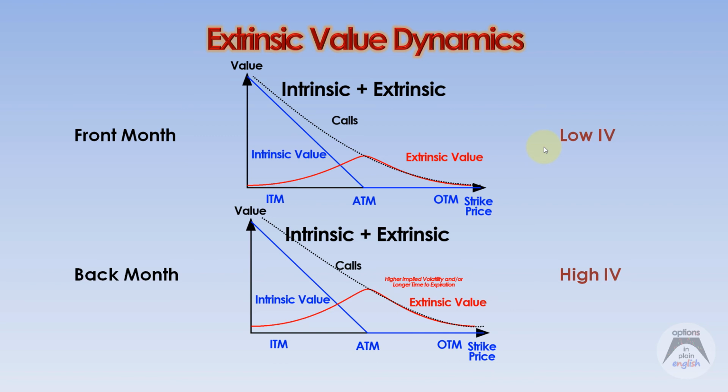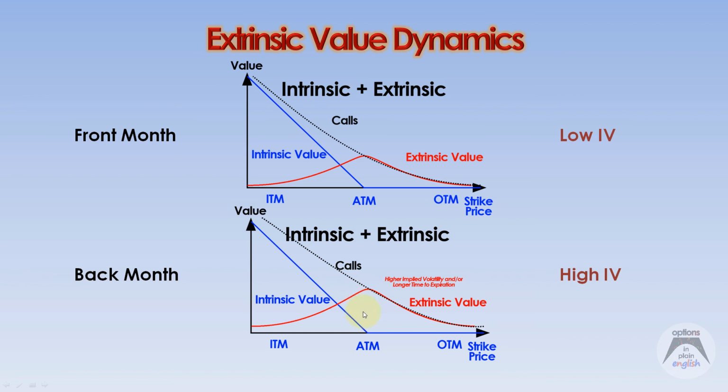When a company is about to release their earnings results, traders know that there's going to be a move either way, up or down, that's not going to be like a normal day-to-day move. So they pump in high implied volatility, so the options start getting bigger in value exclusively from extrinsic.